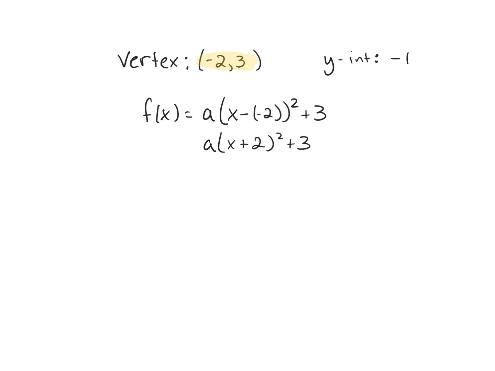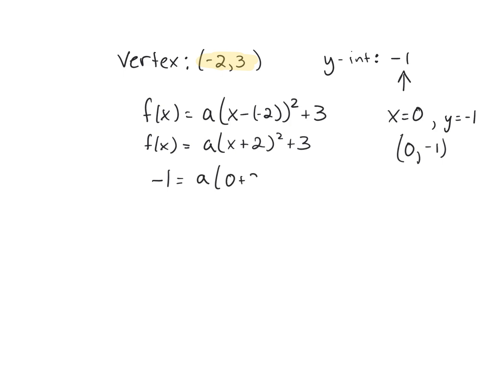Now, because we know that the y-intercept is -1, we know that if x is equal to 0, then y is equal to -1, and that's because 0, -1 is a point on this particular parabola. So what we're going to do is just plug this information in for x and y. So -1, because that's my y value, equals a times 0 plus 2 squared plus 3.